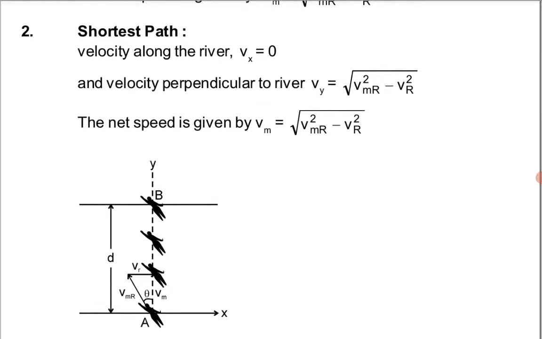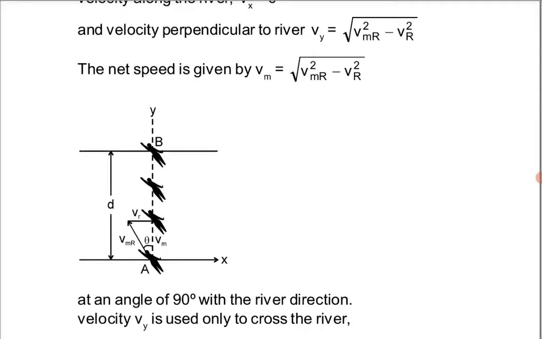Then shortest path. Velocity along the river, Vx, equals 0. If we have to calculate the shortest path, then we have to take Vx equals 0. And velocity perpendicular to the river, Vy, equals under root of Vmr square minus Vr square.